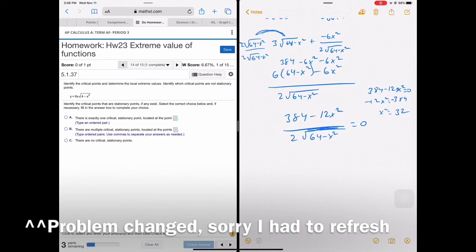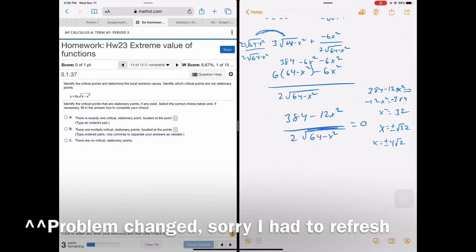It's 32, yeah. Then we take the square root of that. So x is equal to plus and minus the square root of 32. We can simplify this to x equals plus and minus 4 square root of 2.